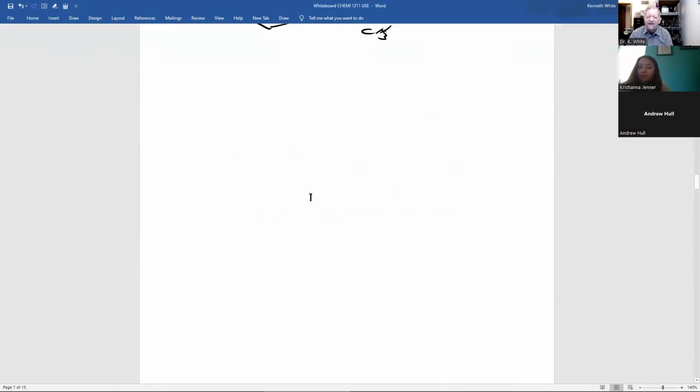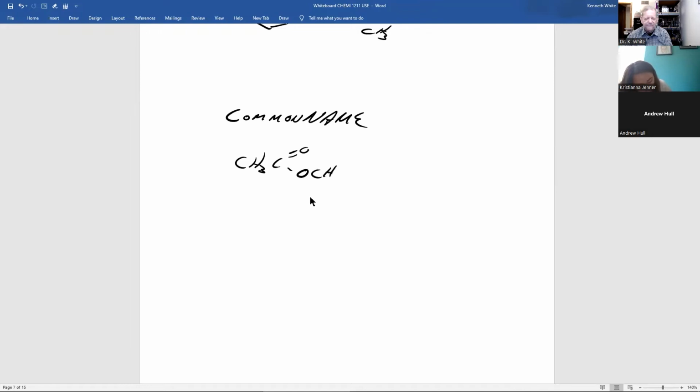Now, there's one common name ester I would like you to know. And first, let's draw the ester. And here's the ester. Now, the IUPAC name, remember ester, is this.